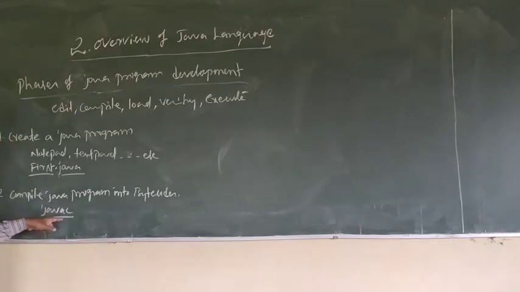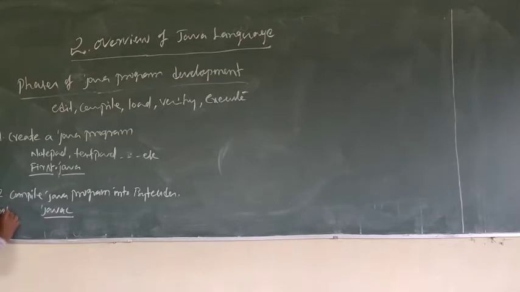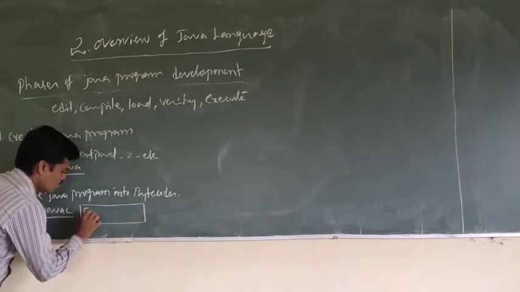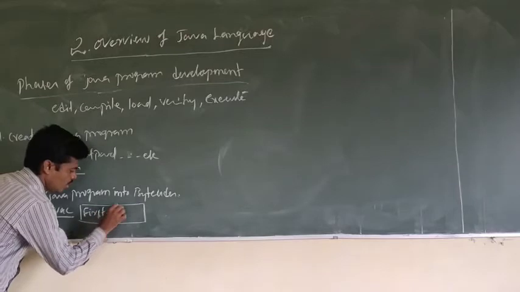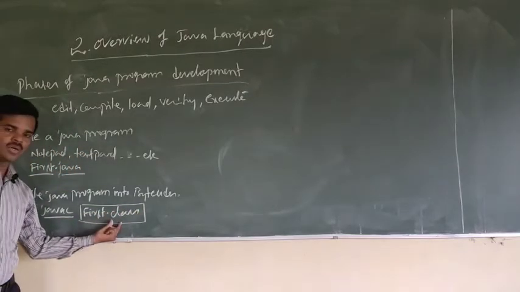Once you start compiling your Java program, first.java, it will convert first.java to first.class. So this is your source code, which is written by the user in English, and the class file is your object code.